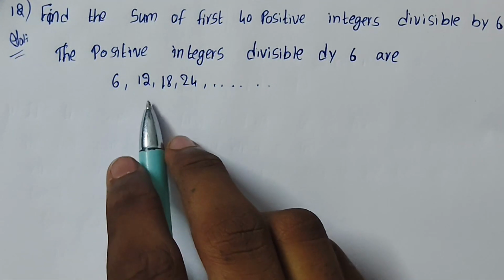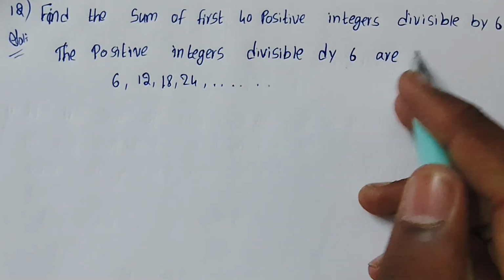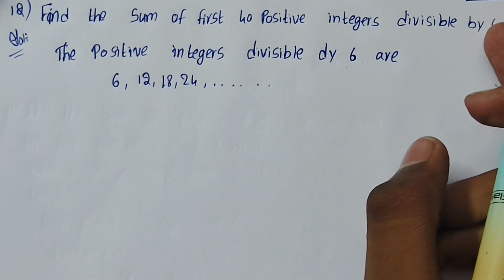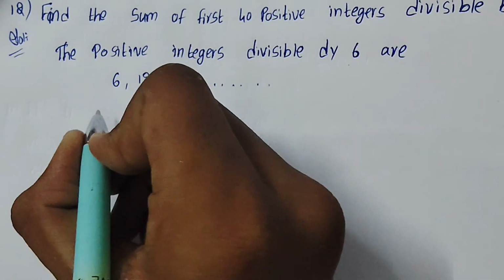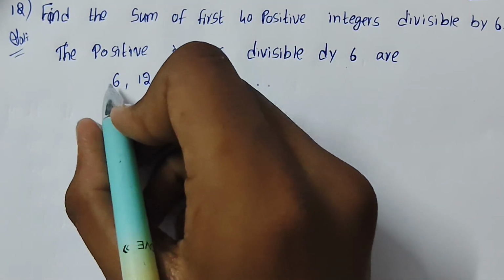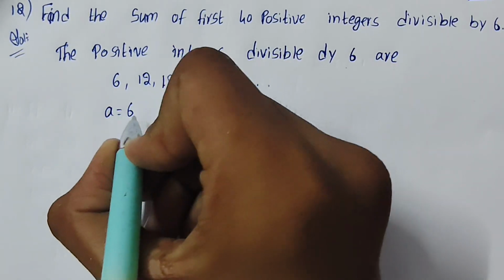These are the positive integers which are divisible by 6. Now let us think this is the given AP and take the value of a, the first term, as 6.